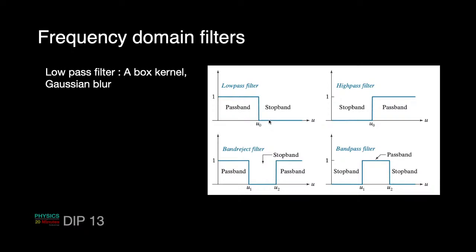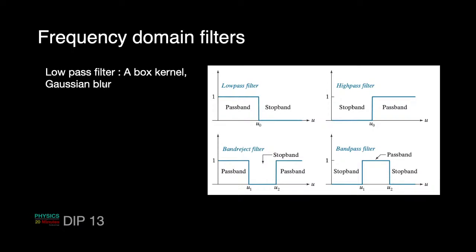Then, once you have your low pass filter, what we have learned, a box kernel, that is all ones, those kinds of kernels, or a Gaussian blur kernel will give you this effect. So these are all spatial operations. They happen in the spatial domain, but their impact is to suppress the finer details.